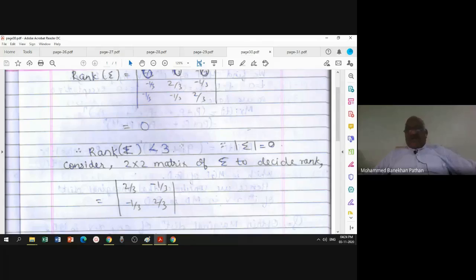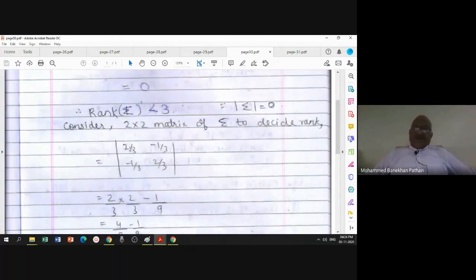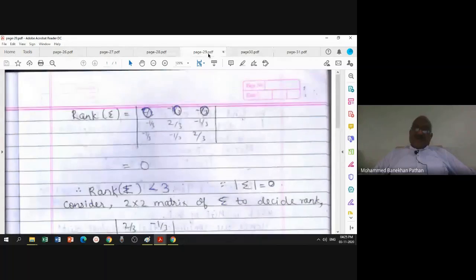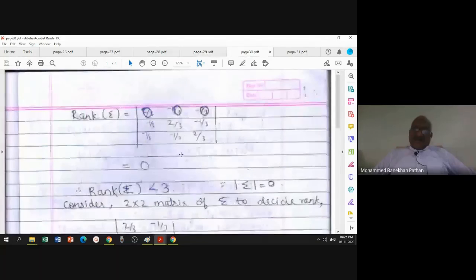How to decide? Now take a 2 by 2 submatrix of your sigma and find the determinant. If it is non-zero, that is your rank. So now I take 2 by 3, minus 1 by 3, minus 1 by 3, 2 by 3 as a submatrix of this. You can take any 2 by 2 submatrix.